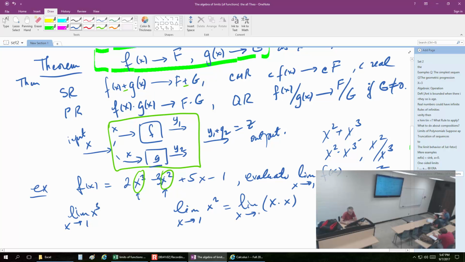What I know about these limits is that the function is really very simple. These two, x and x, both limits exist, and they equal 1. So, there we go. I'm applying the product rule right away, and I have the limit of x times the limit of x, which is 1 times 1, which is 1. So that's the limit of x squared as x approaches 1.